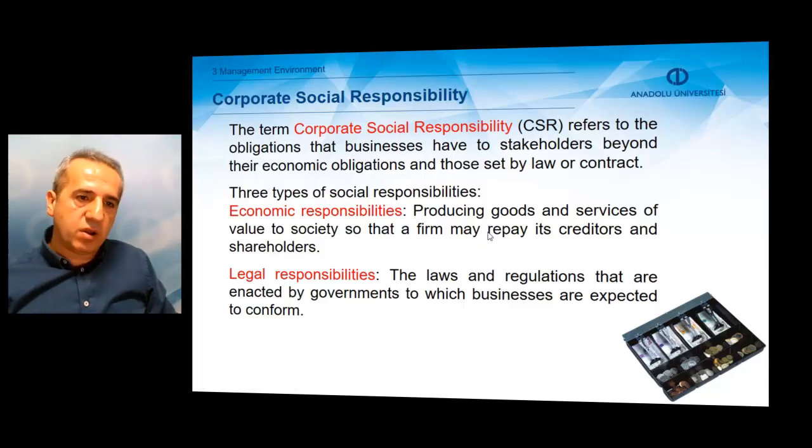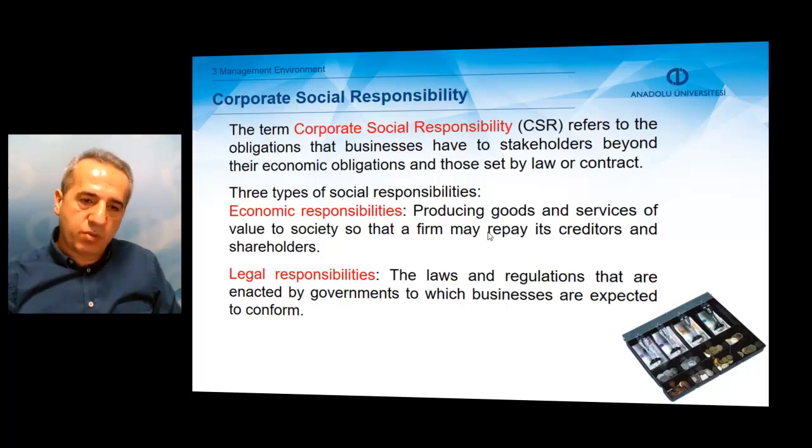The first one is economic responsibilities: producing goods and services of value to society so that a firm may repay its creditors and shareholders. This is a typical responsibility of businesses. The second one in the hierarchy is the legal responsibilities: the laws and regulations that are enacted by governments to which businesses are expected to conform.